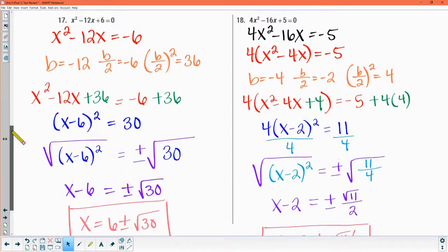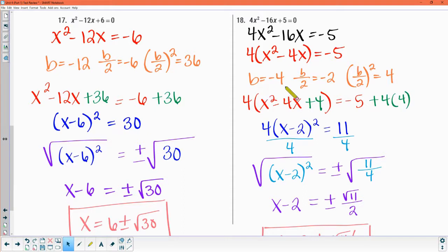Now our last problem, number 18. I went ahead and subtracted 5 from both sides. I noticed that a was not equal to 1. So I factored out 4 on the left-hand side of my equation. Now I'm able to identify b as -4. Remember, you have to identify b after a equals 1.